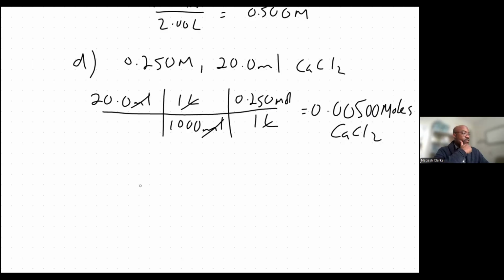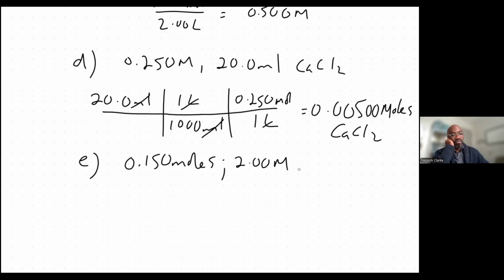What if I want to figure out what volume I need to have a certain number of moles? So 0.150 moles, and say it's a 2.00 molar solution. Let's say this is nitric acid. When we're going from molarity to moles and volume, we don't need a molar mass, so the identity doesn't matter with the math.